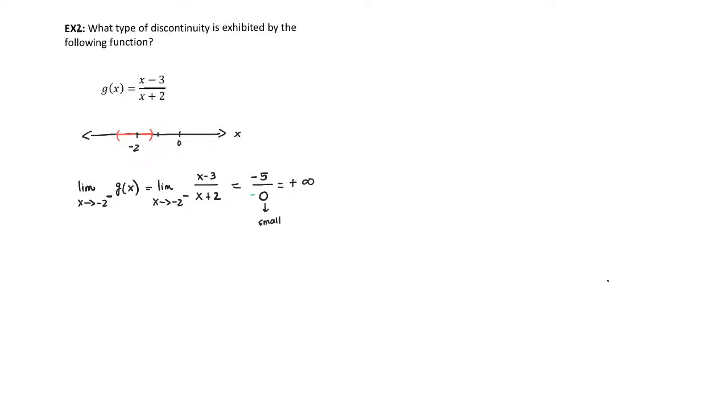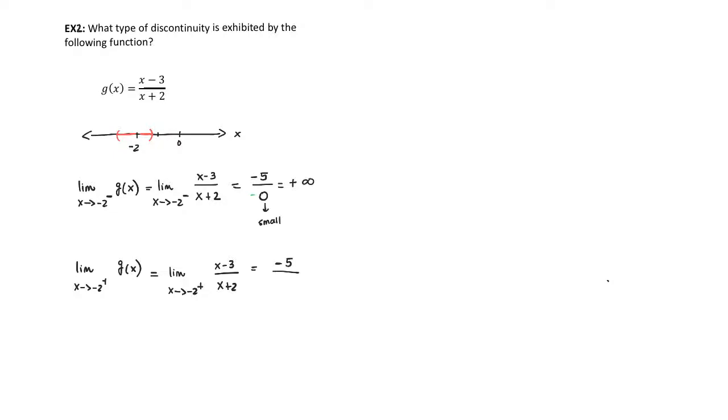Honestly, you don't have to continue with the right-hand limit, but I'm going to go ahead and do that just to get the full picture here. So now, the limit as x approaches negative 2 from the right of g of x is equal to the limit as x approaches negative 2 from the right of x minus 3 over x plus 2. When x is getting really close to negative 2 from the right, the numerator is still going towards negative 5.